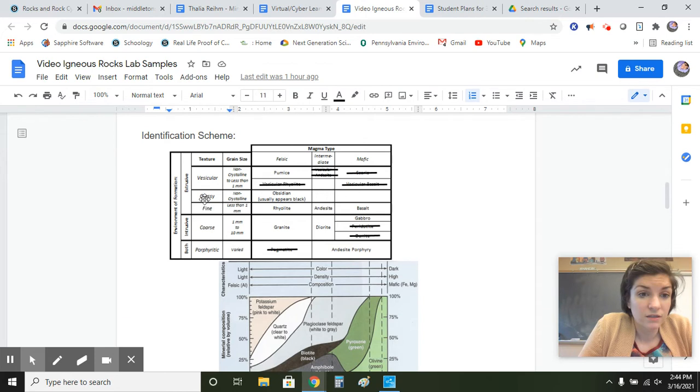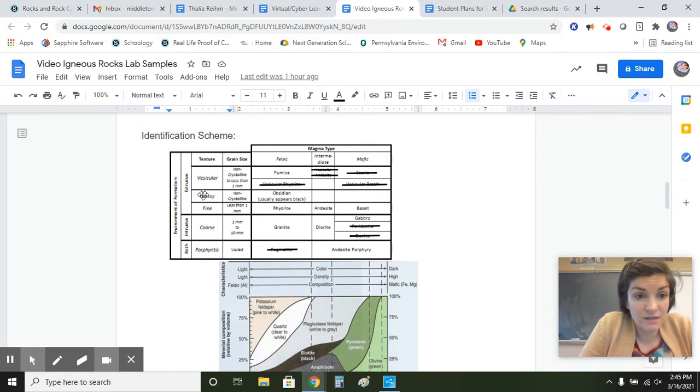Our textures are either extrusive or intrusive or both. Remember, intrusive means that it formed inside the volcano. You're usually going to have a coarse texture, whereas extrusive, it has exited out of the volcano and it has cooled very quickly. So our first rock says that it's glassy. So this is the best option right here.